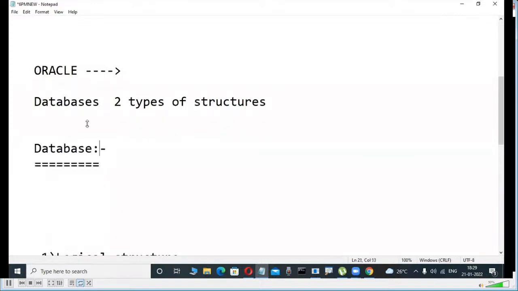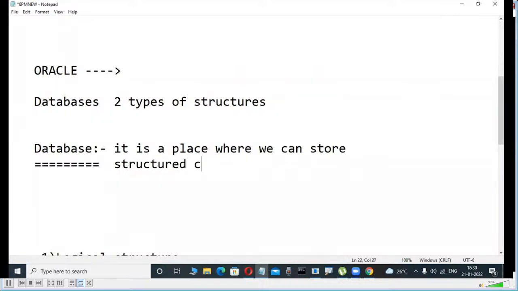Anybody observing in Google or in books will see it is a place where we can store a computer system's structured collection of data. They are telling only that we can store structured collection of data. What is data? What is information? What is DBMS? That is later. Okay, structured collection of data.